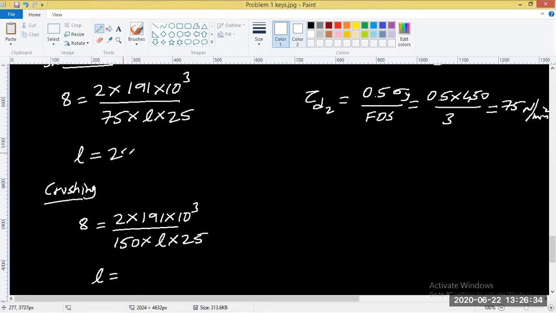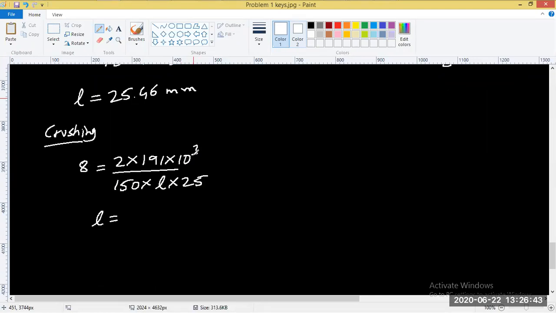Okay, so this is 25.46 mm, and what about here, the crushing strength? Using the crushing strength, this divided by 150 into 25 into 8. Here we get a smaller length, that is you get 12.73 mm.